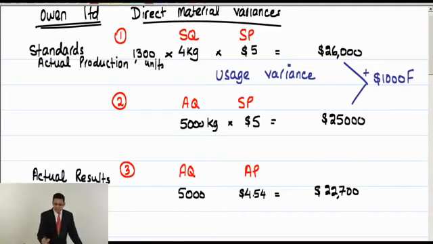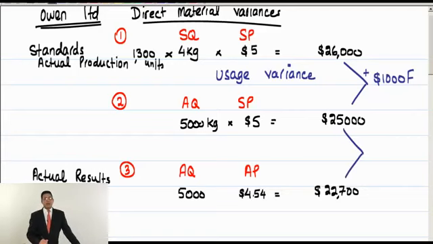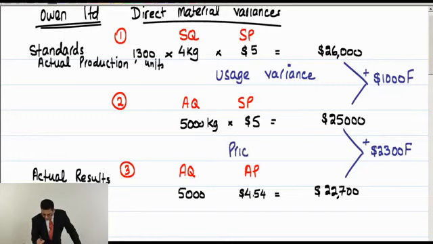Okay, now let's have a look at lines 2 minus lines 3. 25,000 minus 22,700, we get a positive difference of, I think, $2,300. And because it is positive, it is favorable, and it is called price variance.